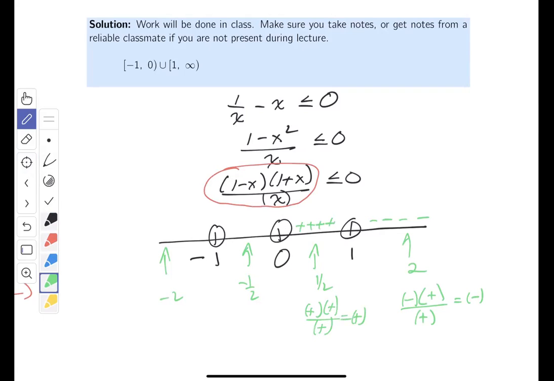Let's do -1/2. Plus, negative. What does that give you? Overall, a negative. Let's do -2. Plus, minus. What does that give you? Positive. Basic sign analysis, basic arithmetic. What do you get positive over here?